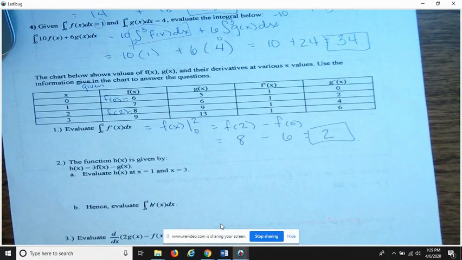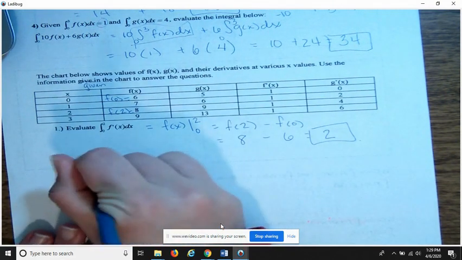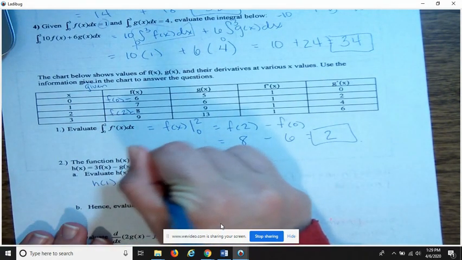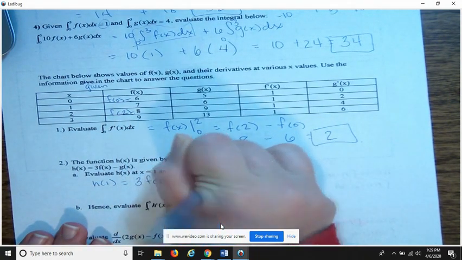So let's do number 2. It says the function h of x is given by h of x equals 3 times f of x minus g of x. So first it says evaluate h of x at 1 and 3. So h of 1 is going to be equal to 3 times f of 1 minus g of 1.